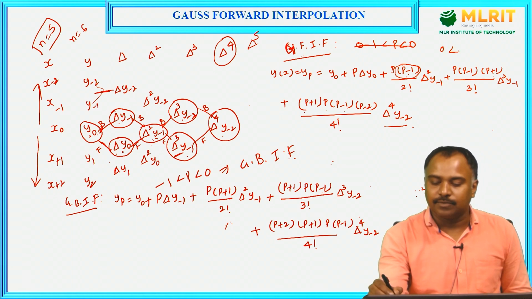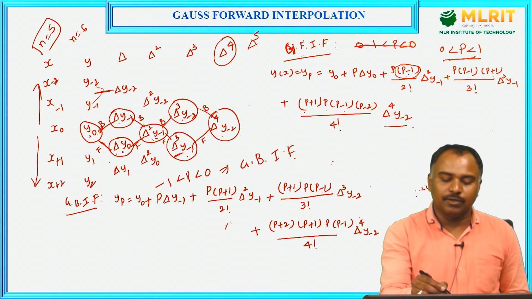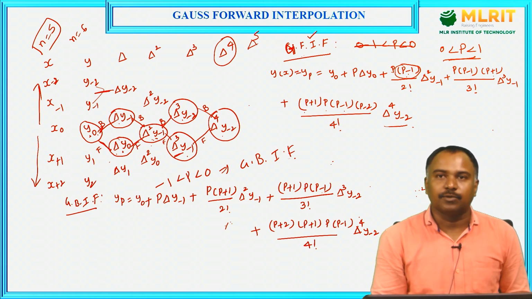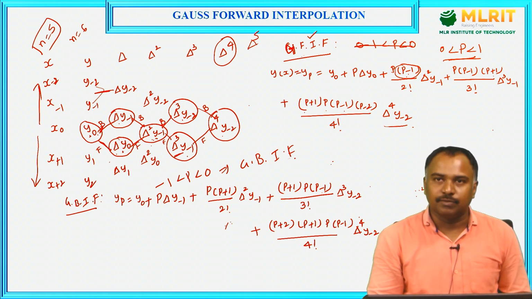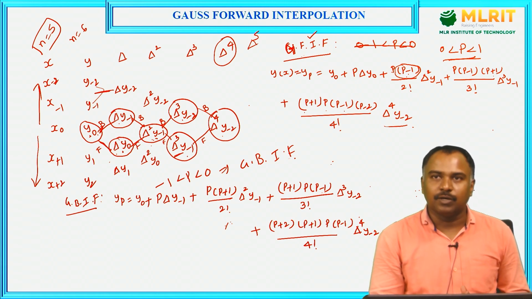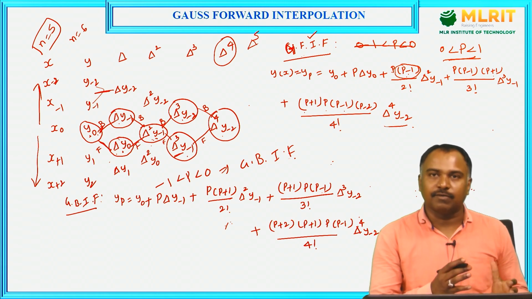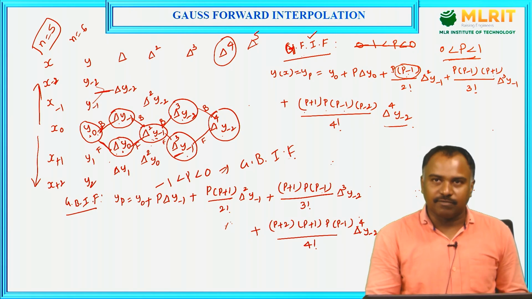If it is a positive value, between 0 and 1, we go for the Gauss forward interpolation formula. This is how we remember the formulas easily. Using these formulas, we evaluate values located around the middle of the table. Thank you.